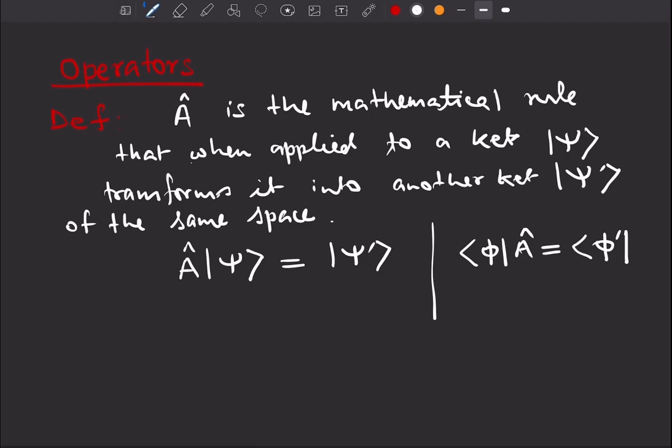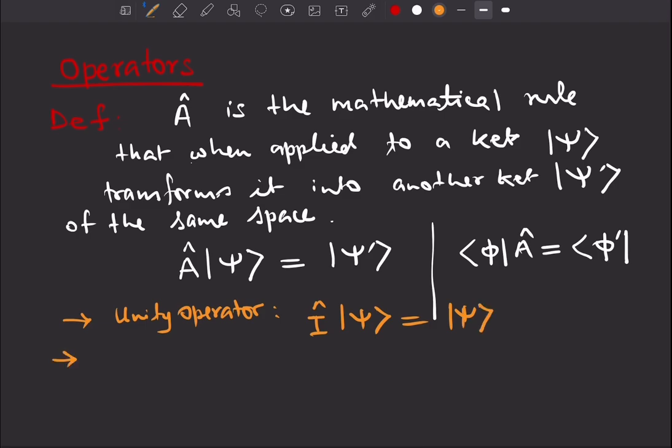First is the unity operator. The unity operator, when applied on any ket, leaves it unchanged. That is, if the unity operator I cap is applied on any ket psi, the ket psi remains unchanged.